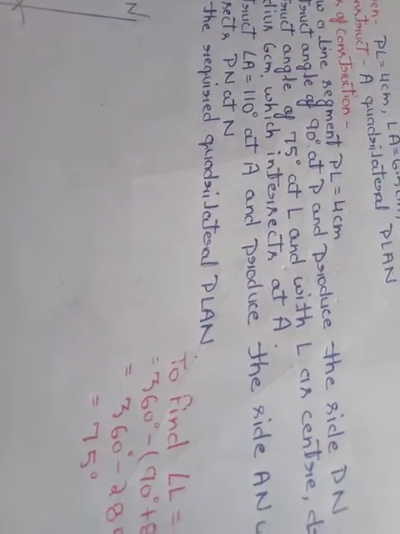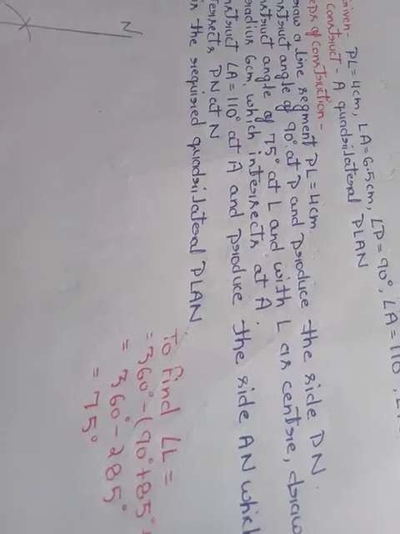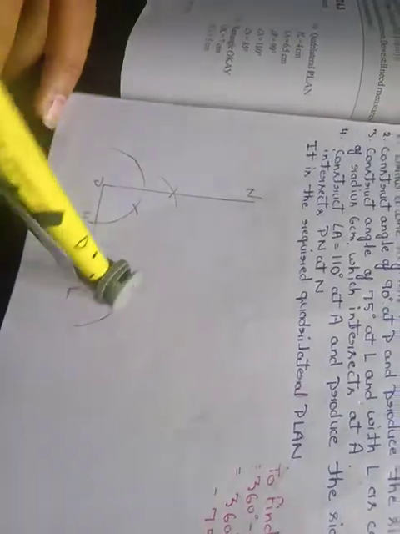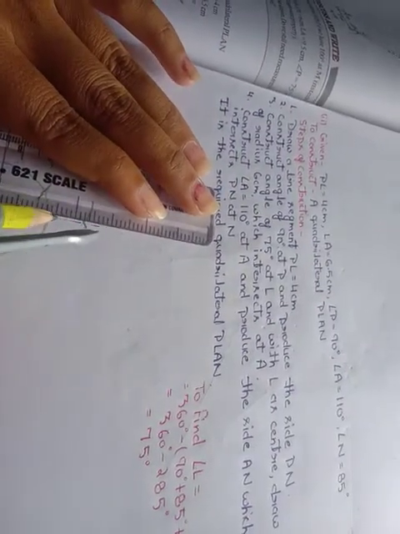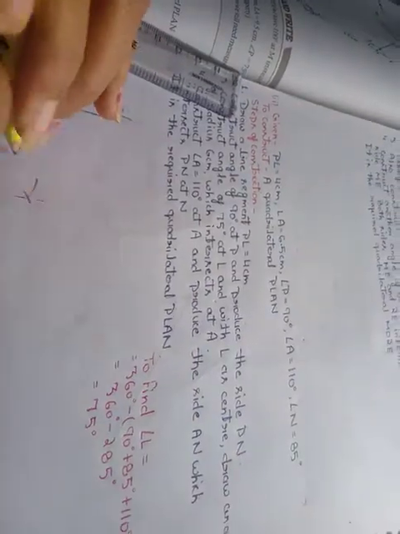Now construct an angle of 75 degrees at point L. First we draw an angle of 90 degrees, and then with the help of 90 and 60 degrees we construct the angle of 75 degrees.